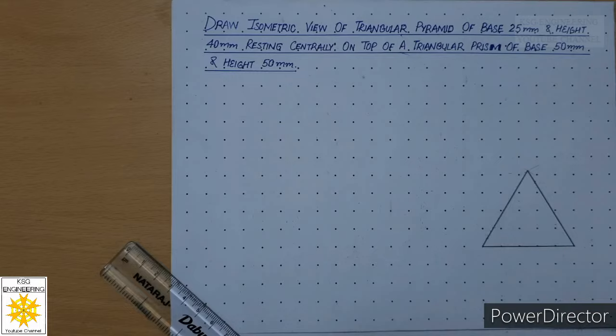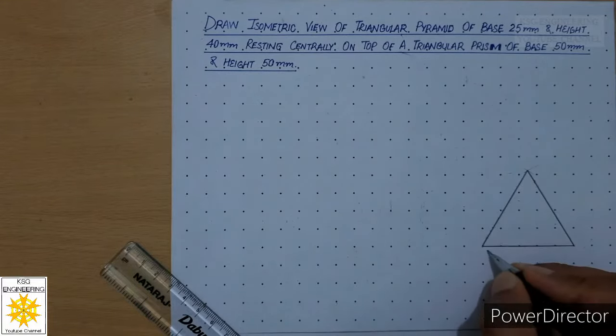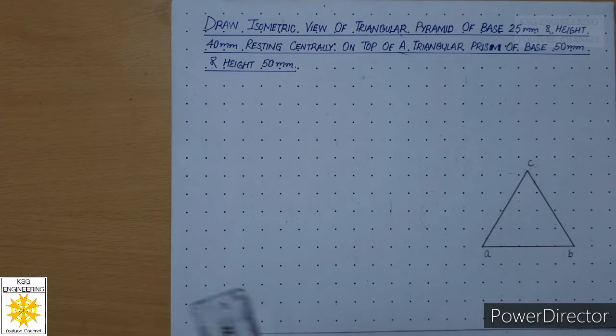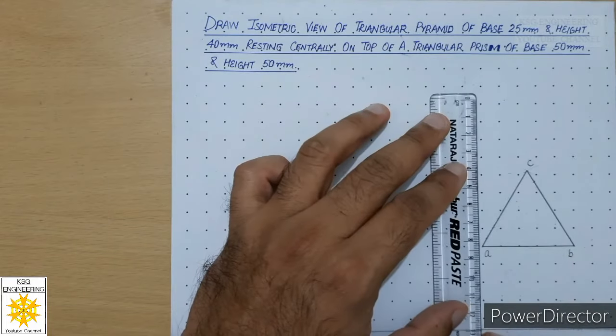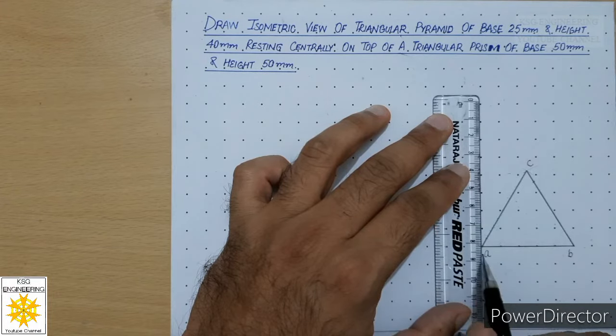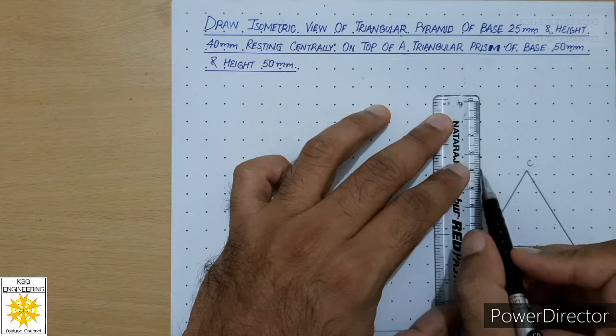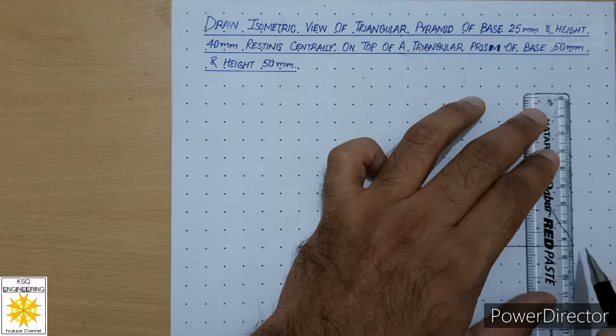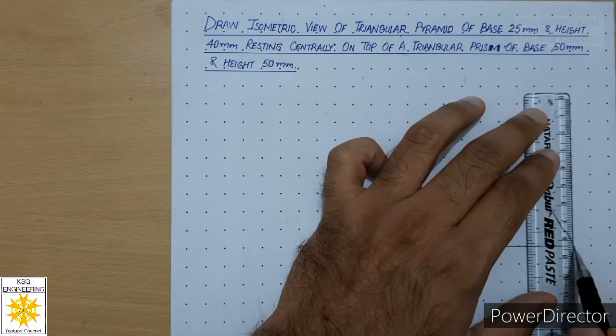Now after this we will apply box method and we will enclose this triangle inside the box. So before that, let us name this triangle as A, B, C. Now let us enclose this triangle inside a box. So for that, line your scale at this end of the triangle and draw a continuous thin line. And similarly, place your scale at this corner, that is B, and draw a continuous thin line.